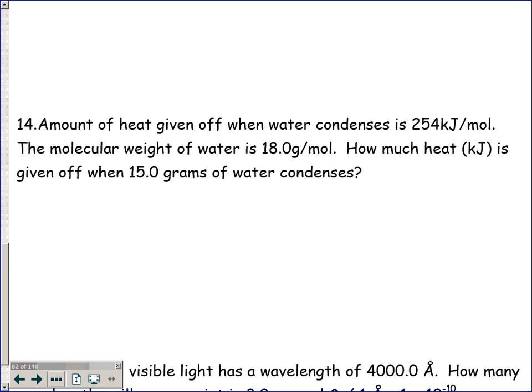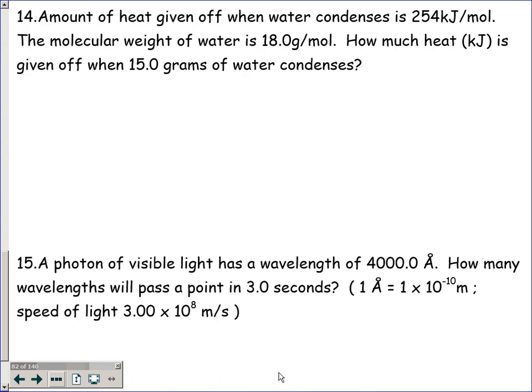So we already know we can start at 15 grams. What do you guys feel comfortable with in the question? So you just do 15 like that.